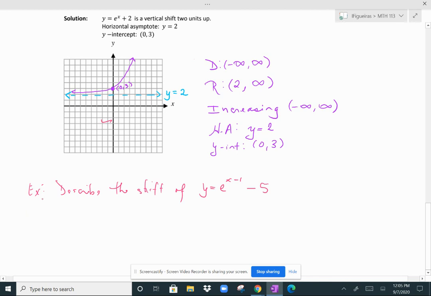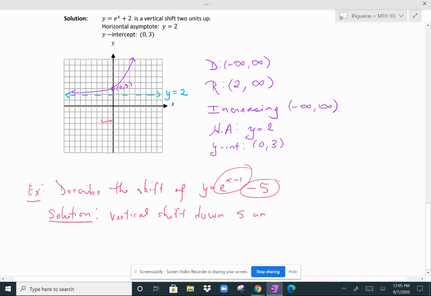Okay, so this is going to represent both a horizontal and vertical shift. So remember, vertical will have to do with a number being added or subtracted from the function itself. So the function is this one, and then we're taking 5 away. So it's a vertical shift down by 5 units.